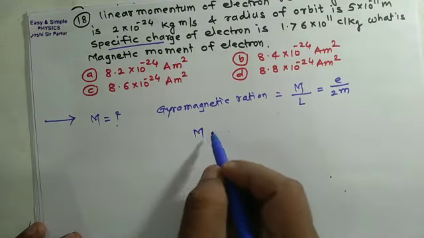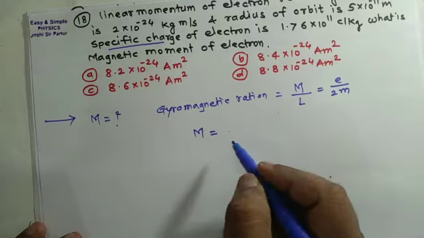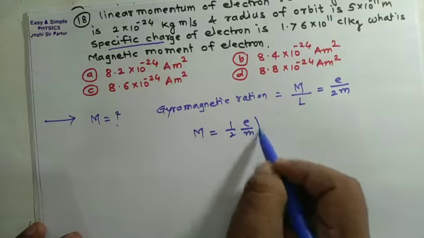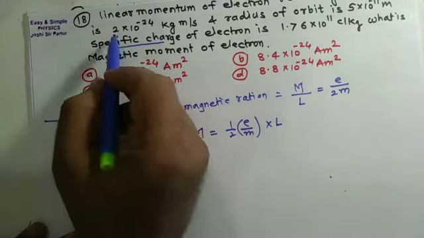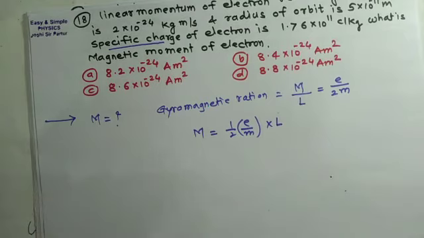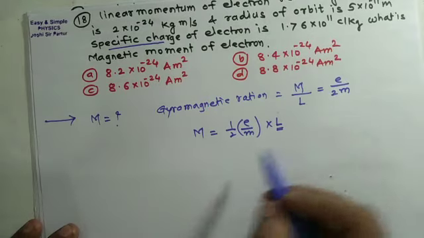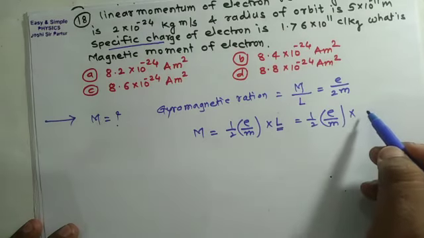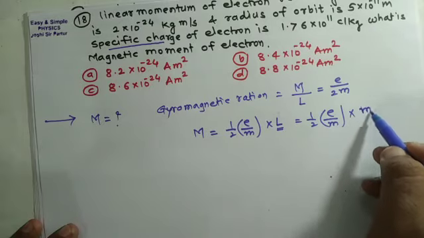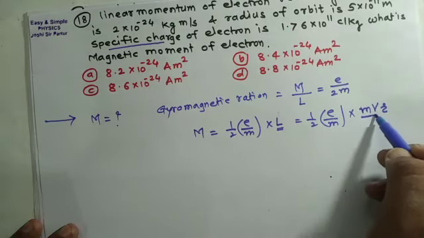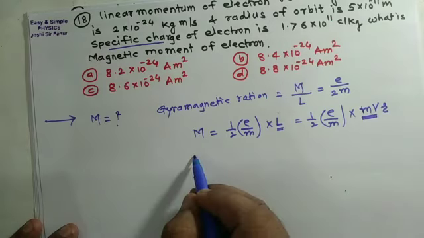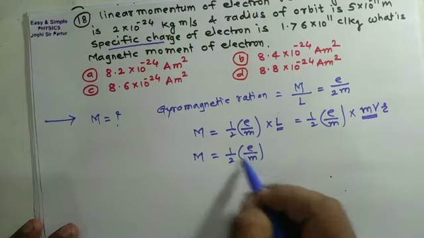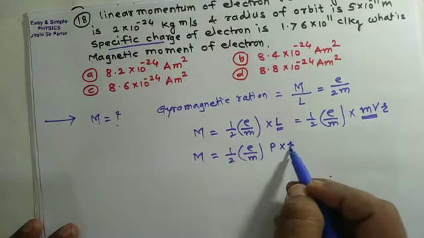That is, capital M is equal to half e upon m into L. But here the linear momentum is given, and the angular momentum is half e upon m into mvr. Here mv means linear momentum. So capital M is equal to half e upon m, linear momentum multiplied by radius.